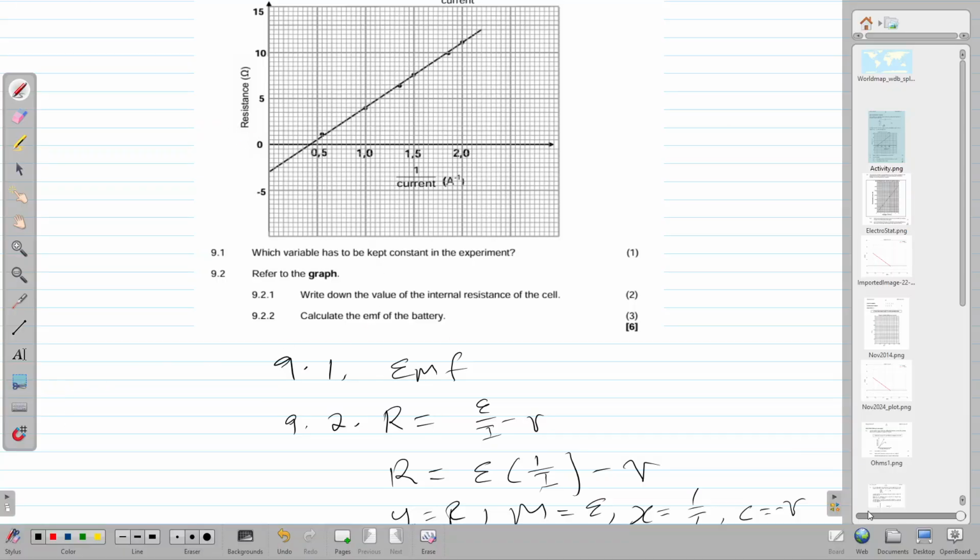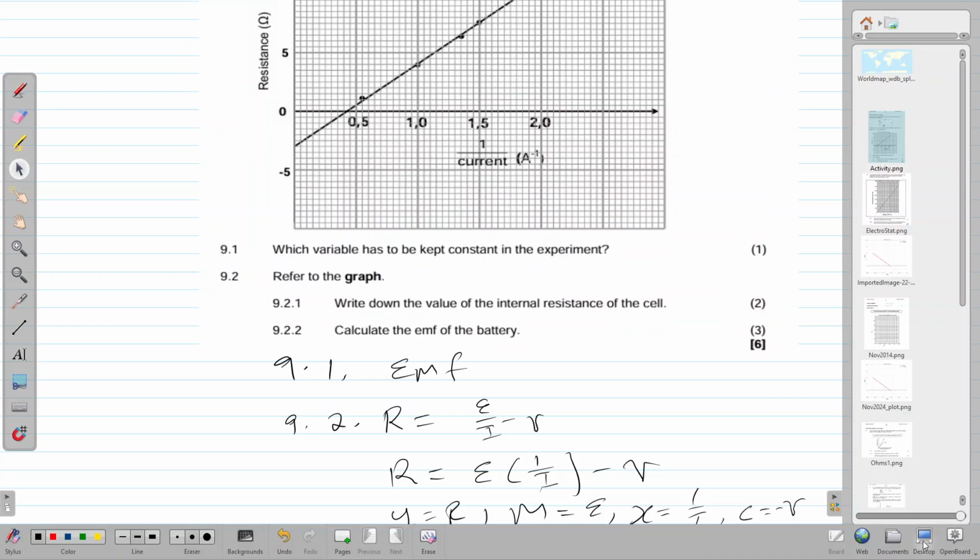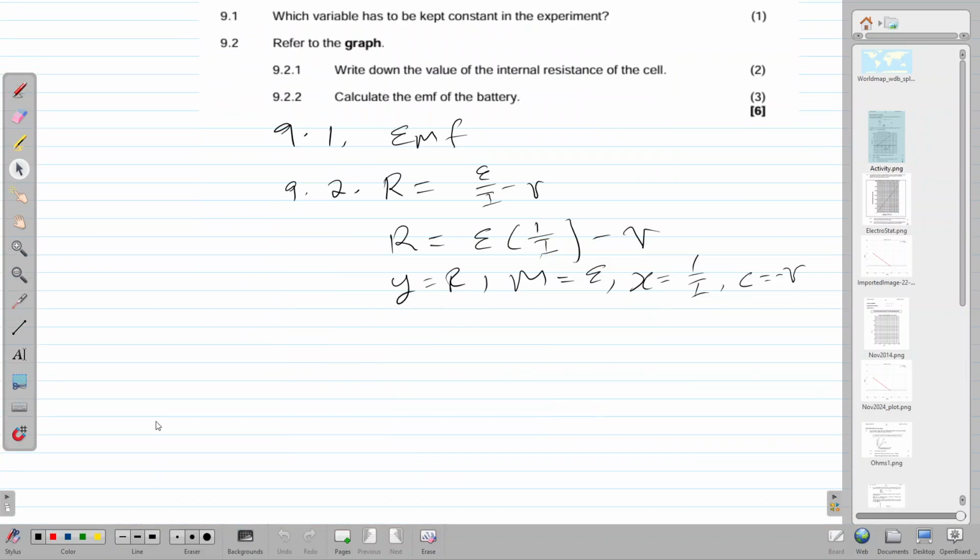Let's look at the y-intercept to determine our internal resistance value. We have 0.5, 1, 1.5, 2, 2.5, 3. So we have minus 3. For 9.2.1, the minus r is minus 3, so our internal resistance is 3 ohms.